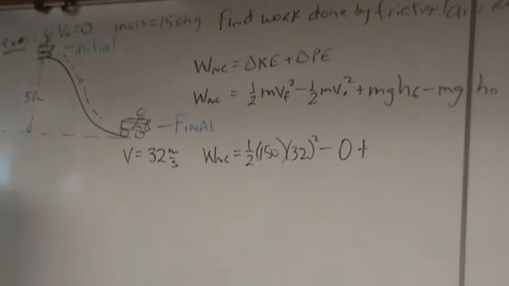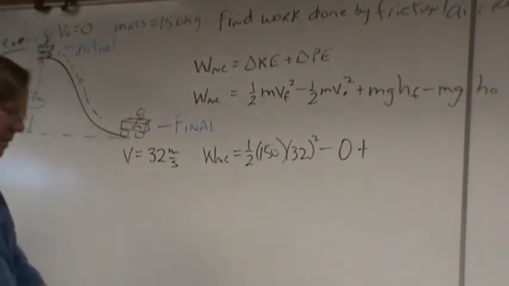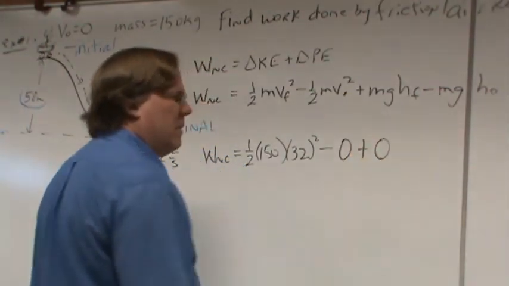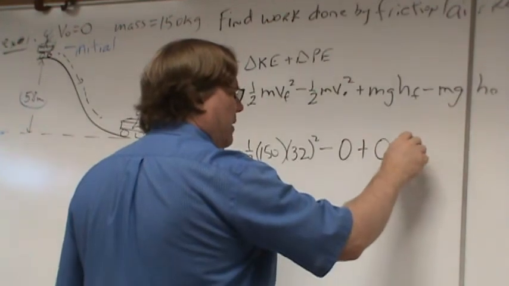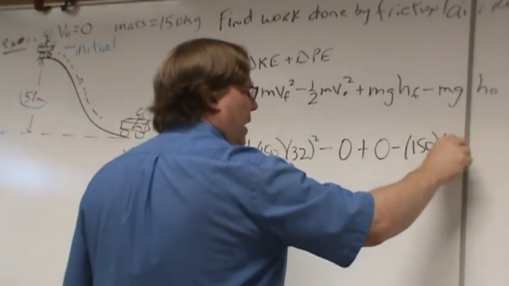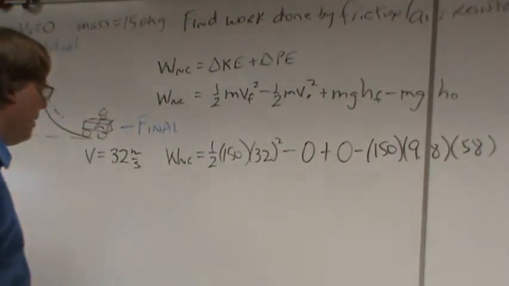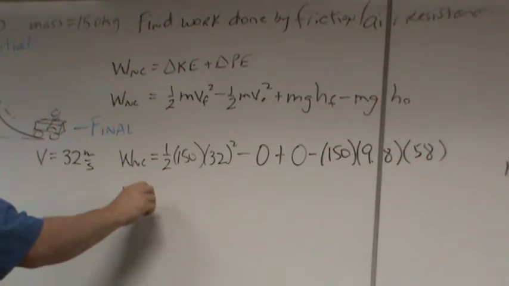Well, the beautiful thing about gravitational potential energy is you can define any arbitrary point as 0 gravitational potential energy. So why not just define this guy as 0? That is, define his final position as 0, so that the initial position, he's going to be 58 meters above that. So I hope you guys are getting that the final gravitational potential energy is 0. And I got minus 150 times 9.8 times 58. And now I just solve.